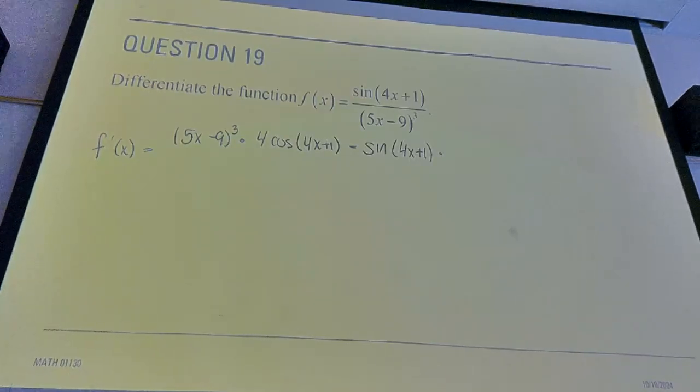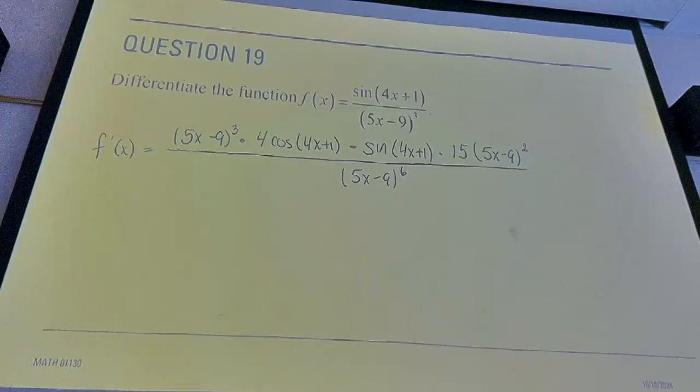Derivative of the bottom. 3 times 5x minus 9 squared times 5. And then square root of e to the 6th power.